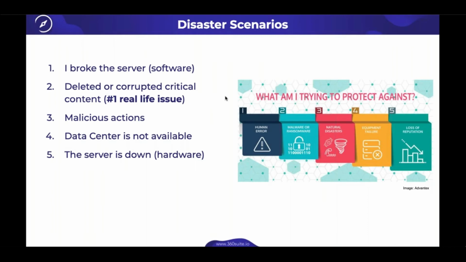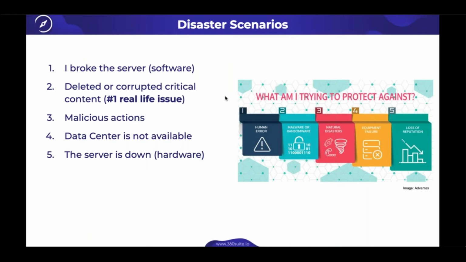Maybe your data center is not available. We work with a lot of customers on the West Coast, and one customer I was working with recently was setting up their data center. They're on a fault line, I believe somewhere in San Francisco, and they wanted their backup data center to be outside of that fault line. So if there was an earthquake where they couldn't get to that data center, their secondary site was outside of any potential natural disaster.